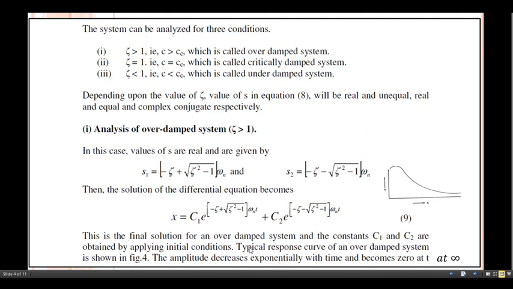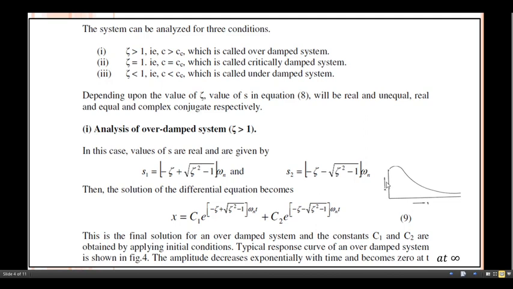Typical response curve of the overdamped system is as shown in this figure. The amplitude decreases exponentially with time and becomes 0 at t equals infinity.